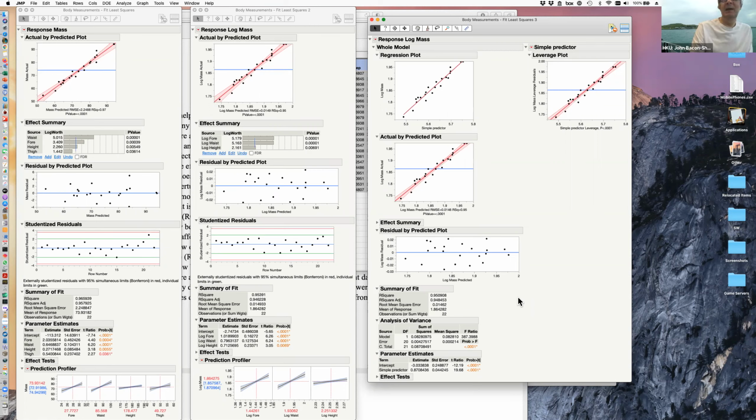This says that the log of mass is essentially proportional to forearm times height times waist. Right? Now we can clearly do better than this, but at least that's a reasonable, simple model, which fits almost as well as any other model we can find for predicting the mass.